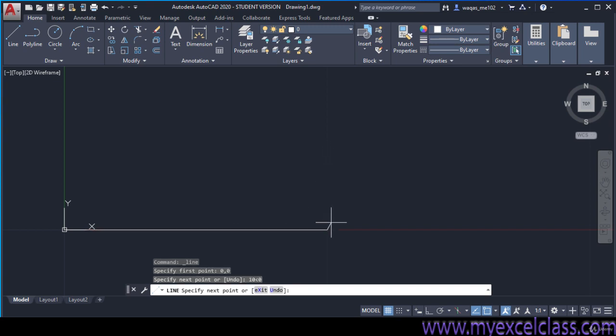Have you noticed? I didn't mention the y-axis in the polar coordinate system. Rather I mentioned the angle along with the length.